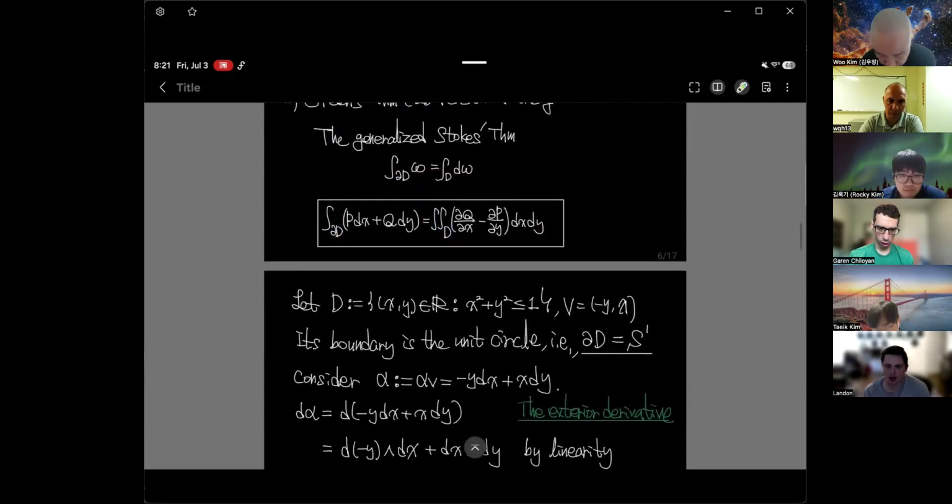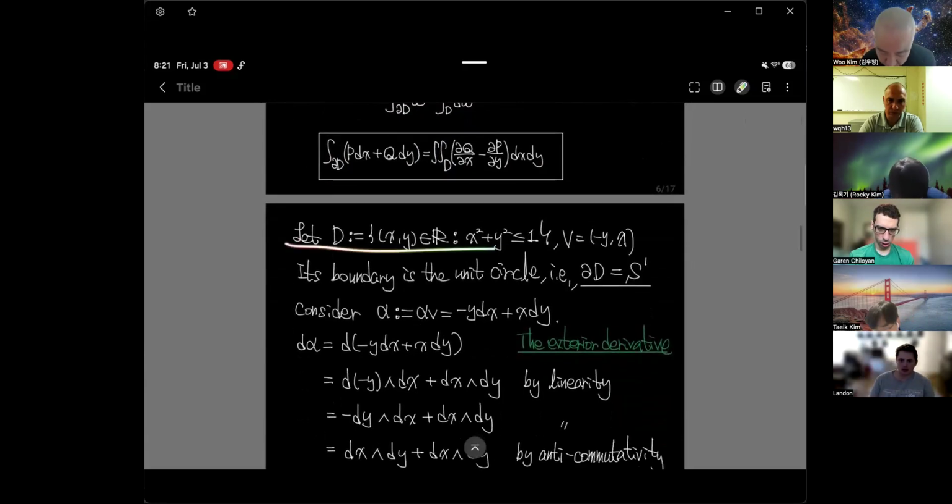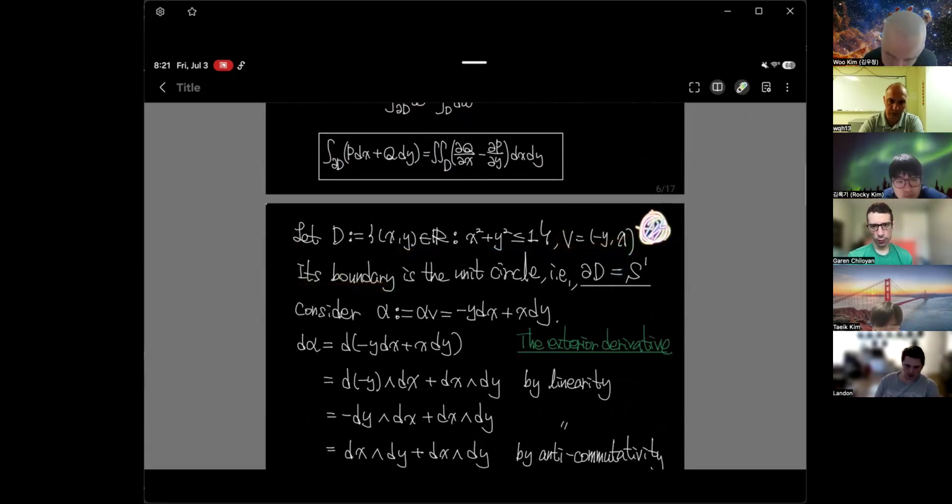Okay, then let's compute. On the same setting, you have a unit disk and the same vector field. Its boundary is a unit circle. This boundary, that is curly D, is S1.